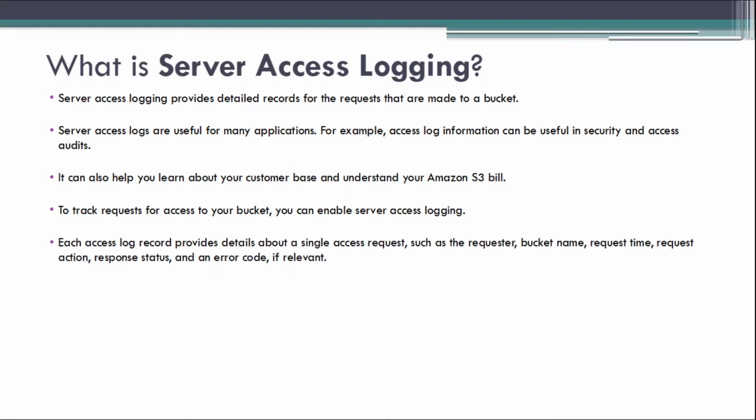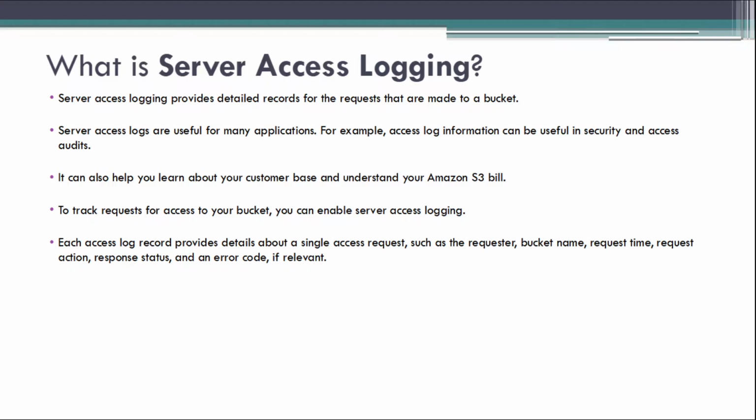Each access log record provides details about a single access request, such as requester, bucket name, request time, request action, response status, and error code if relevant. So each record will give you detailed information about your request: who is the requester, bucket name, request time, and any error.